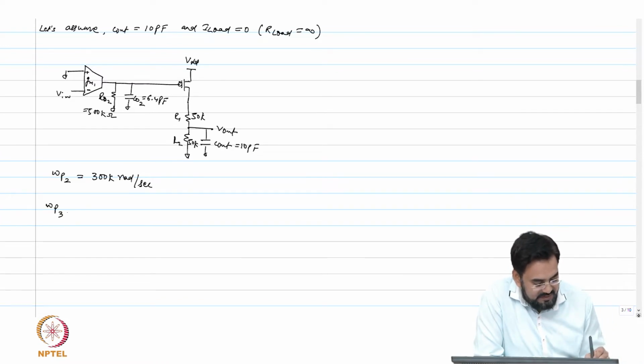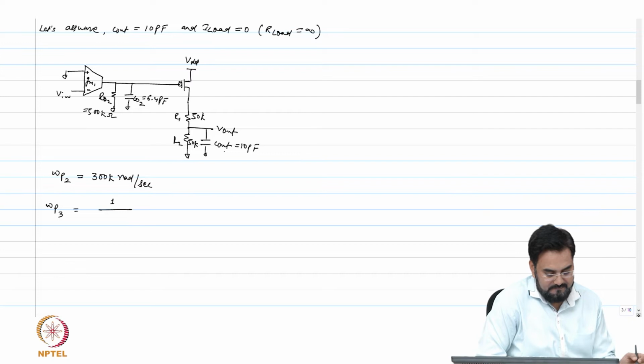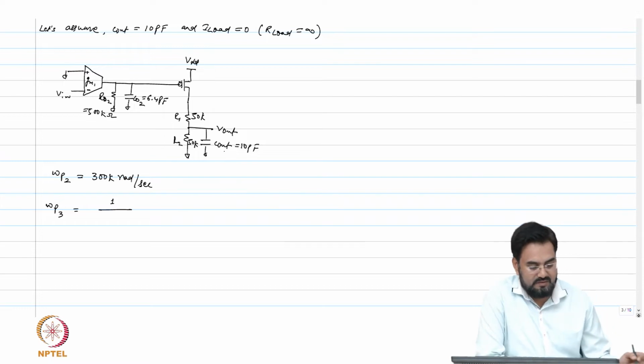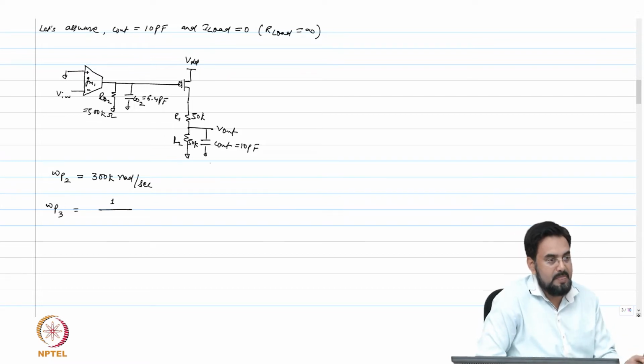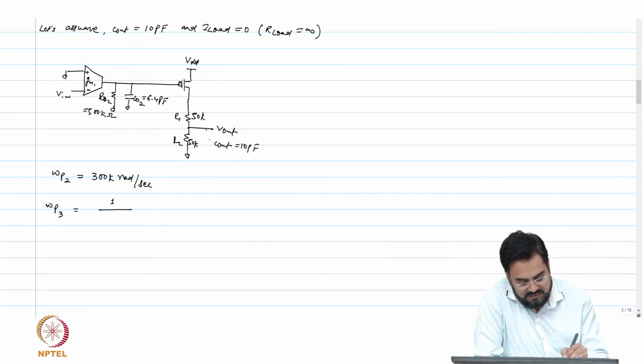So omega P3 is what? 1 over. So how much is that? What is the R out here? Sorry, I think this is wrong. Your output cap should be here.